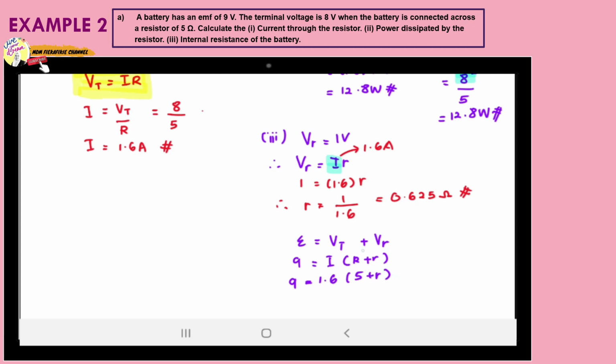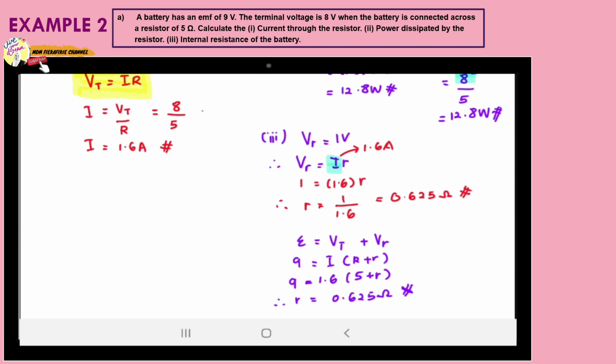You can substitute these values, so if you use this equation, you also get the same value of internal resistance r. Therefore r is 0.625 ohm. So we finish example number 2.